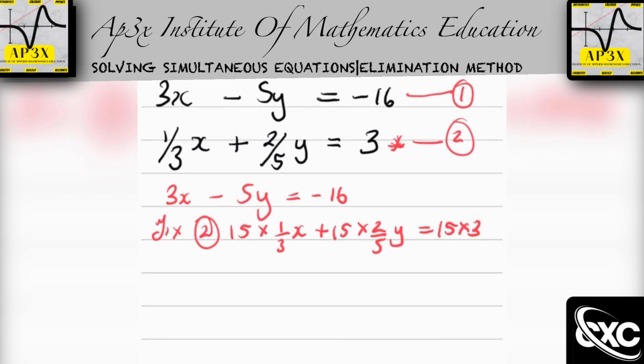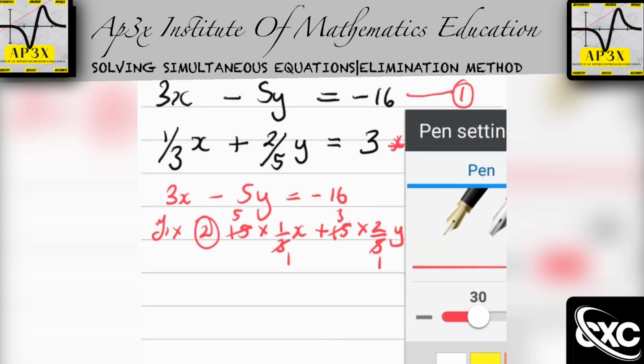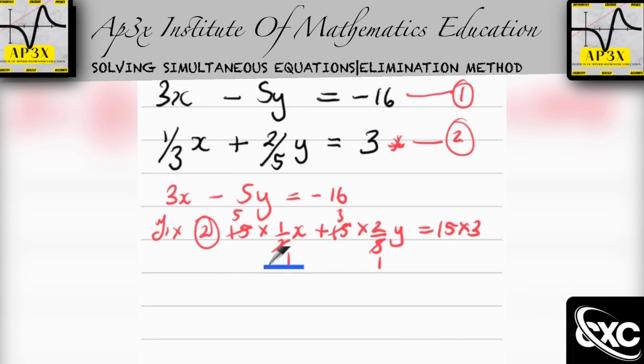Pardon me, guys. So now by multiplying all of the equation by 15, the 3 cancels here, leaving us with 5. The 5 cancels here, multiplies here by 3, and then 15 times 3 is 45. So this equation has now been adjusted to 5 times x, which is 5x. 3 times 2y is 6y.